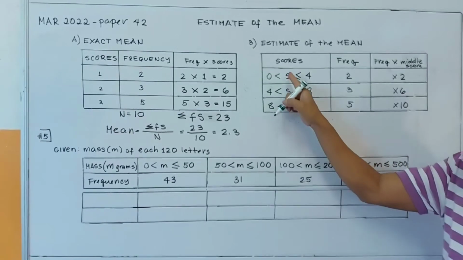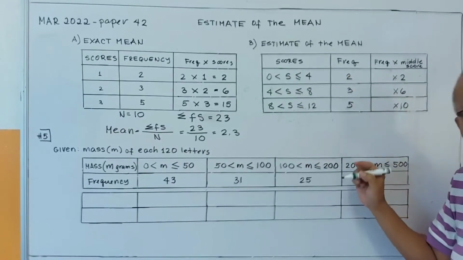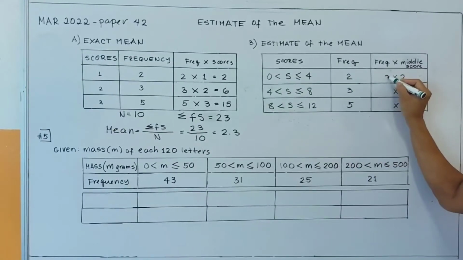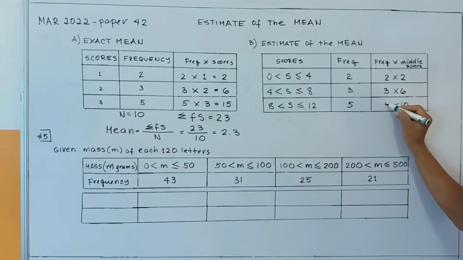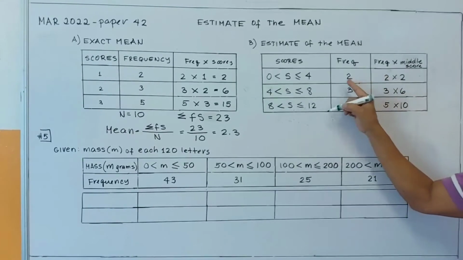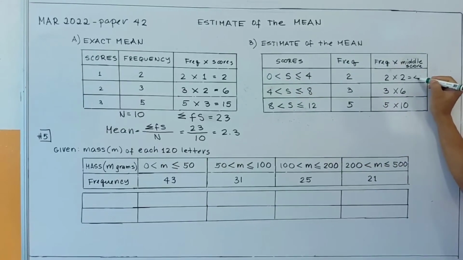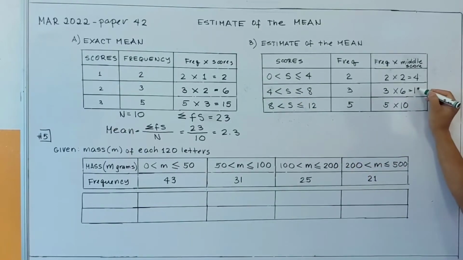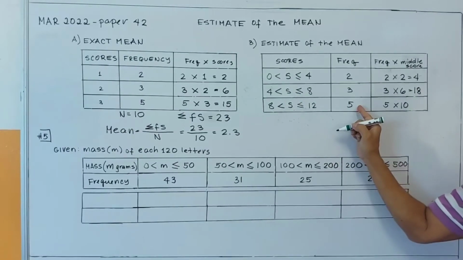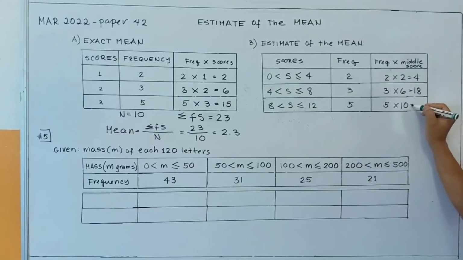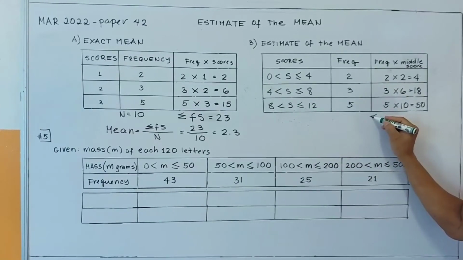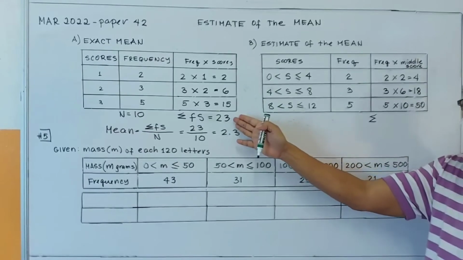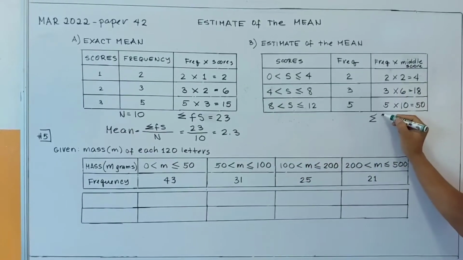Then we will multiply the middle score here by the frequency. So I'm going to put here the 2, the 3, and the 5. So 2 times 2 is 4. 3 times 6 is 18. 5 times 10 is 50. We get the sum again of this, just like here. So we get the summation of the frequency times the middle score.